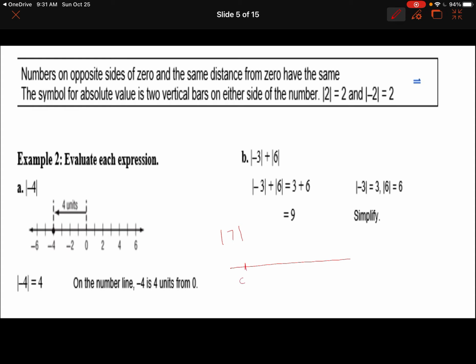All right, so here would be 0, 1, 2, 3, 4, 5, 6, 7. So when we talk about the absolute value of 7, we're saying, how far is 7 from 0? 1, 2, 3, 4, 5, 6, 7. So we'd say the absolute value of 7 is 7.